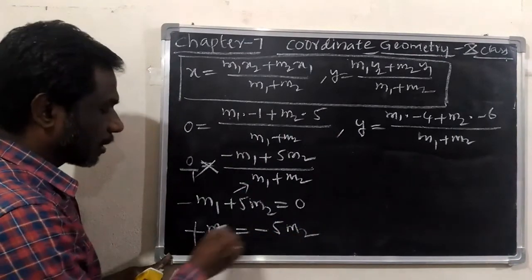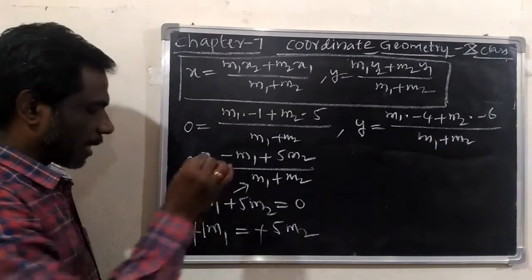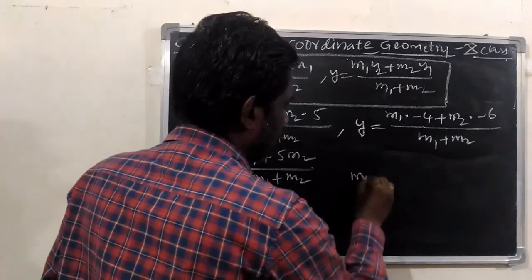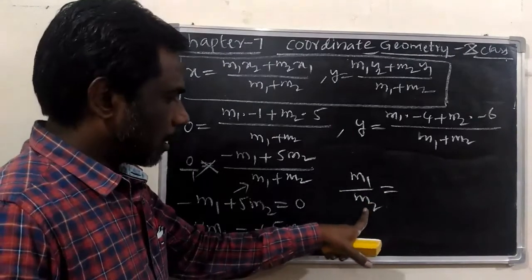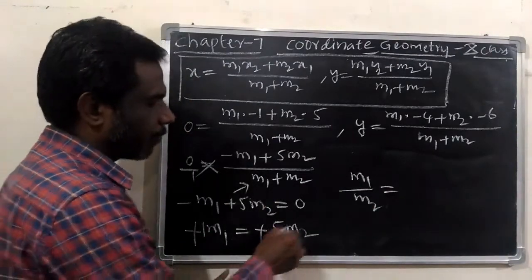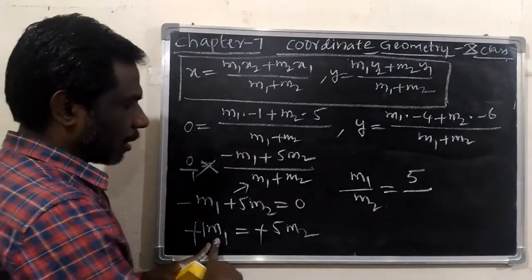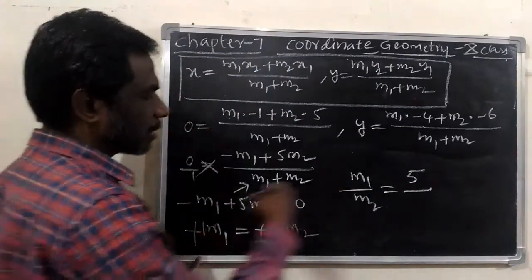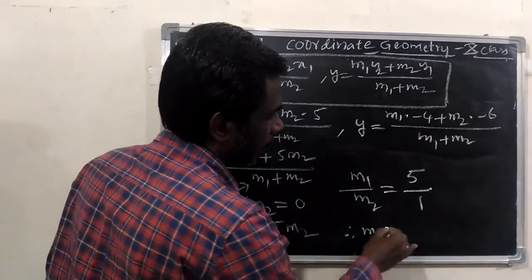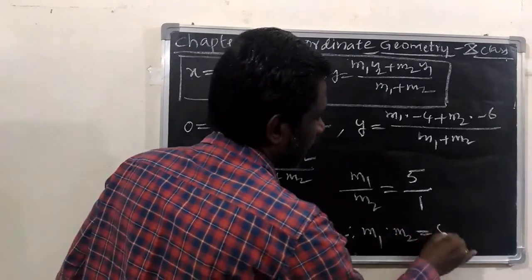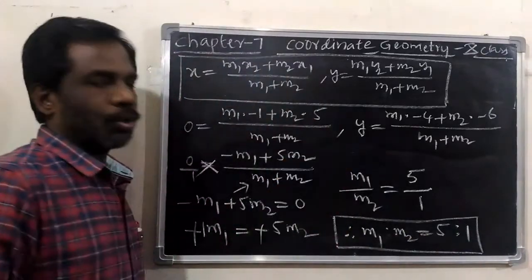Now we can cancel the minus on both sides, and the m1 coefficient is 1. Next, m1 by m2 equals, since m2 is in the denominator its coefficient comes in the numerator, and since m1 is in the numerator its coefficient comes in the denominator. Therefore, the ratio m1 : m2 equals 5 : 1. This is the ratio.